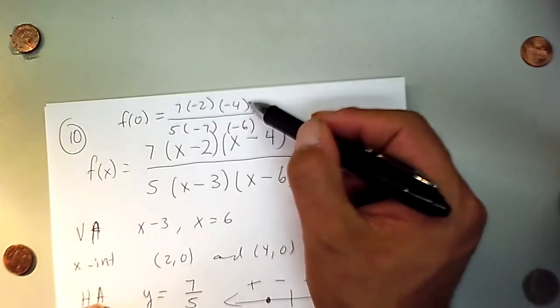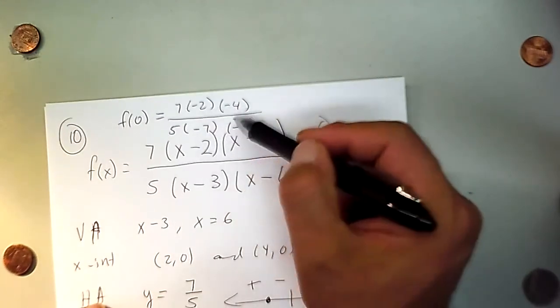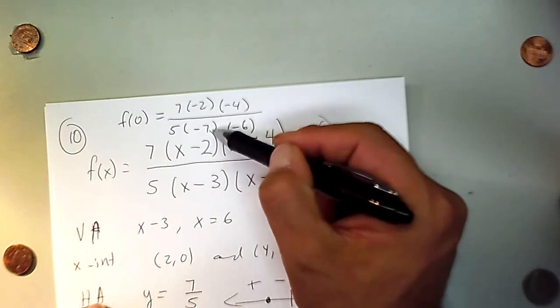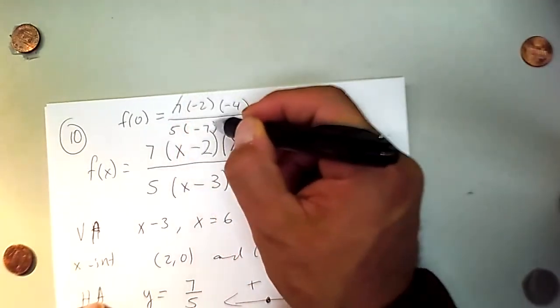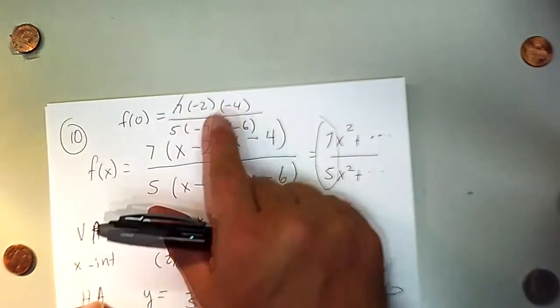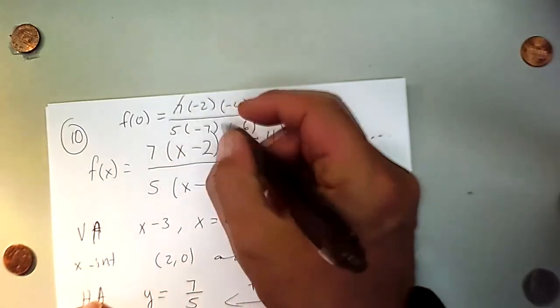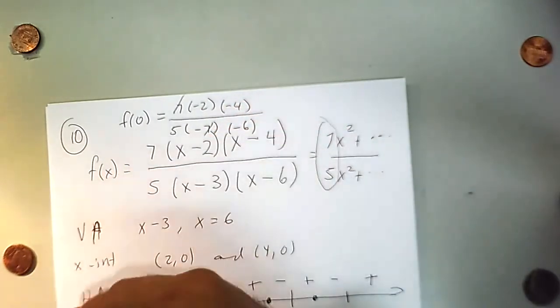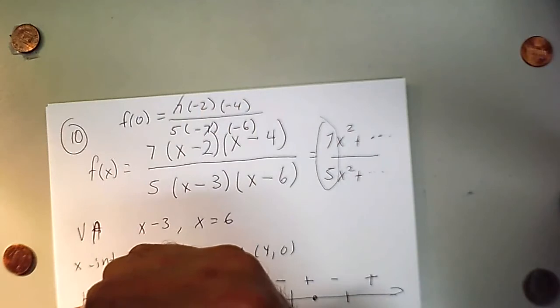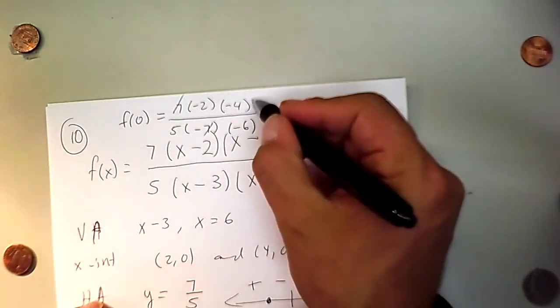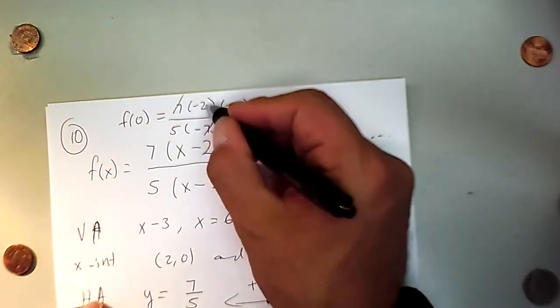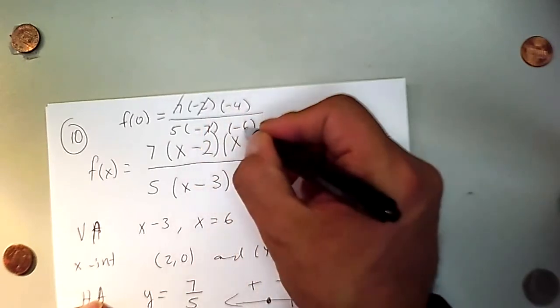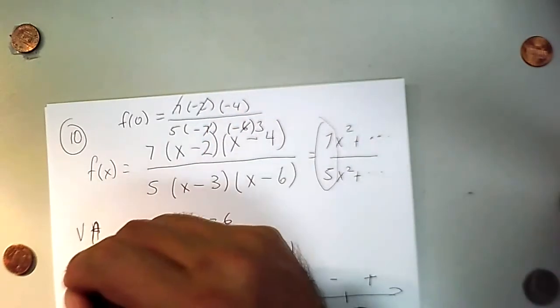What can we simplify? 7. Oh, 7. So those 7s cancel off. Well, first of all, negative, negative, negative, negative. The whole thing is positive. And then the 7s simplify. What else? A 2 simplifies with a 6, and we have still a 3.